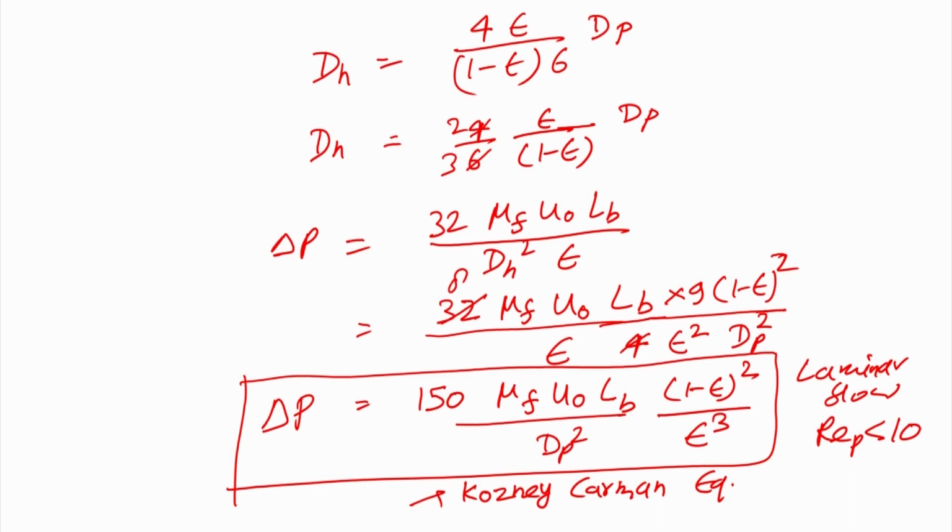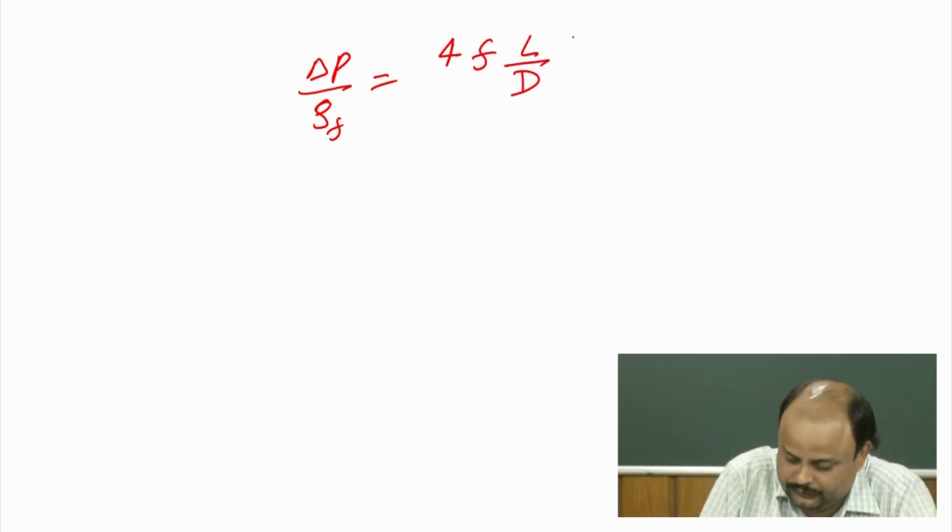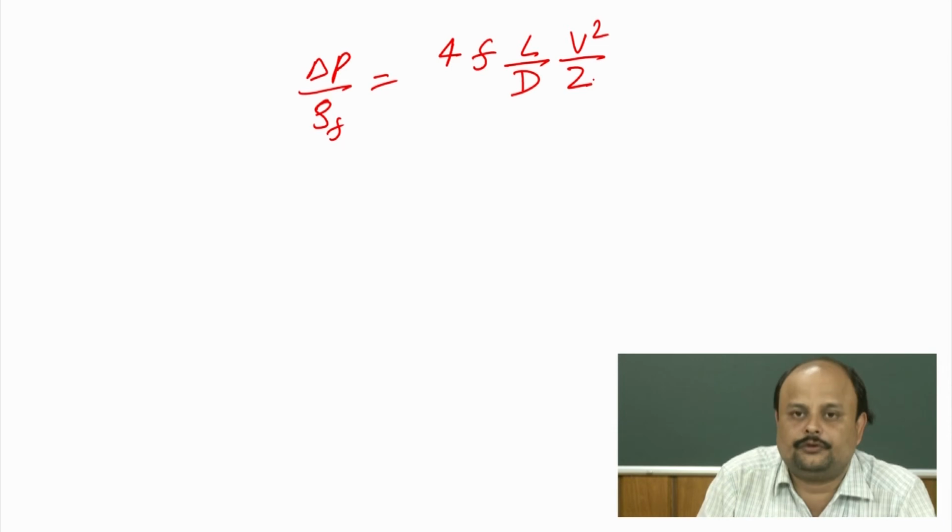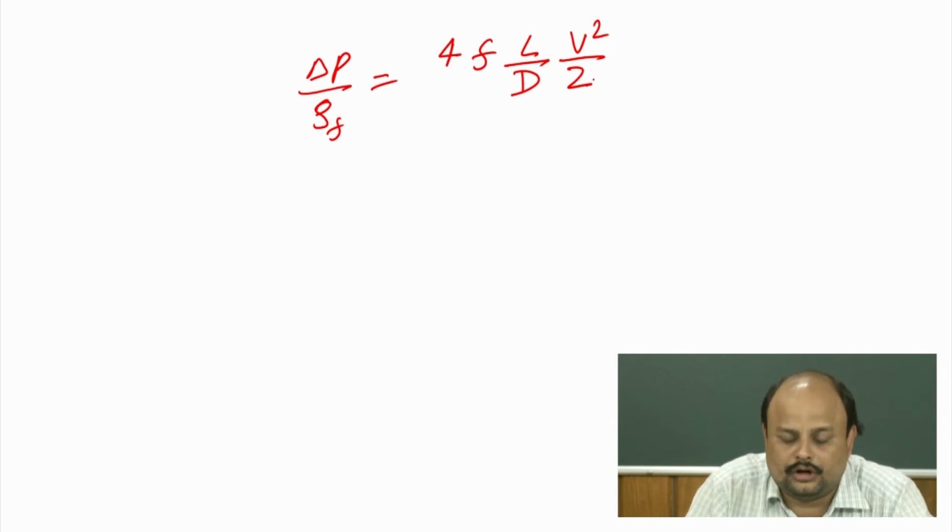Similarly, we can derive the equation for the turbulent flow. We can do it very quickly, you can also do it. So that will be again delta P upon rho equal to 4 f rho of fluid into L upon D into V square upon 2. Now V we have already defined, that is U naught upon epsilon.